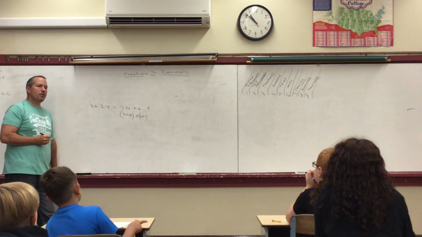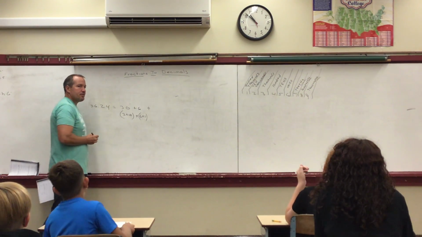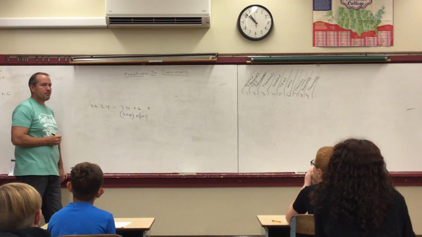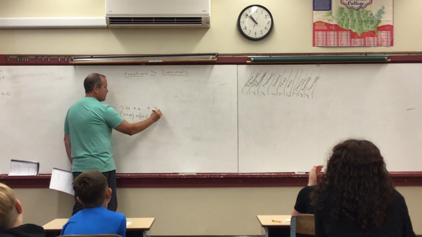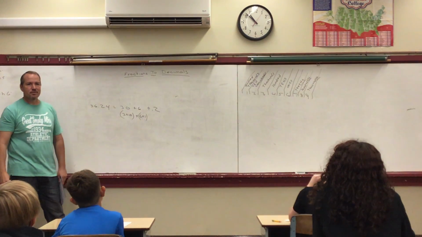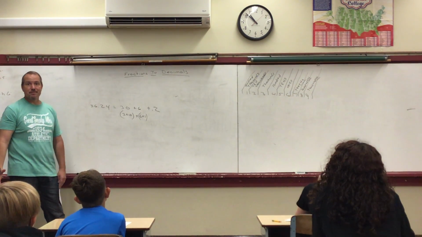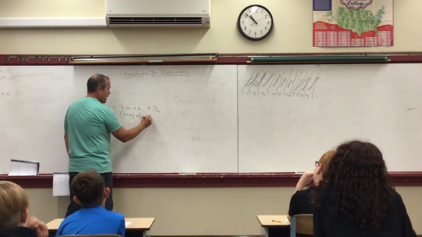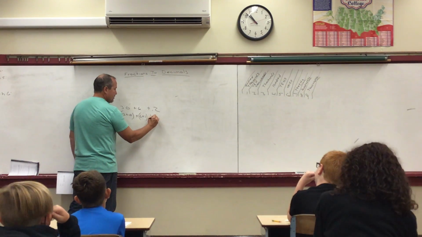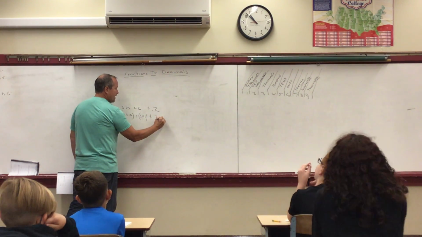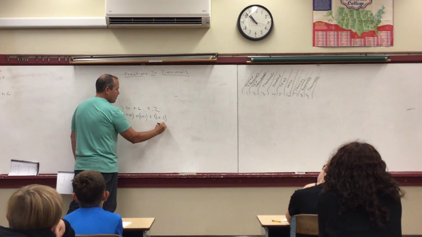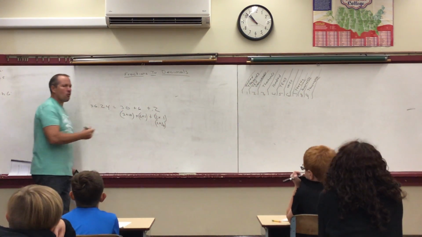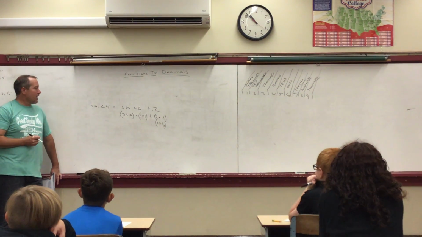So the value of the 2 is 2 tenths. Right? And then we could write it as 2 times the decimal 0.1, or you may see it 2 times the fraction 1/10. Either way.